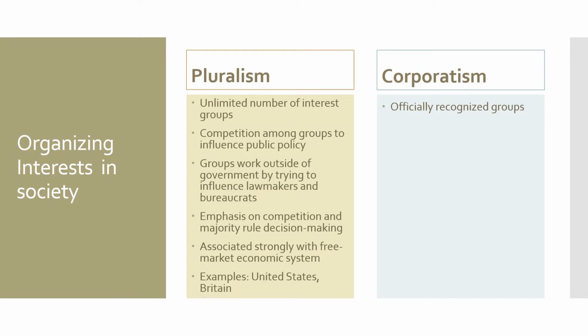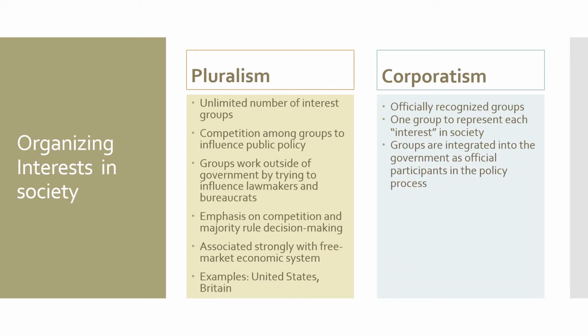So for corporatism, there are not unlimited interest groups. Rather, there are officially recognized groups to represent each interest in society, and usually these are fairly broad kinds of things. So you're going to have a catch-all labor union that represents all workers in a society, or all factory laborers in a society, or something like that. And the groups are not outside of government as much as they are integrated into government as official representatives within the policy-making process.